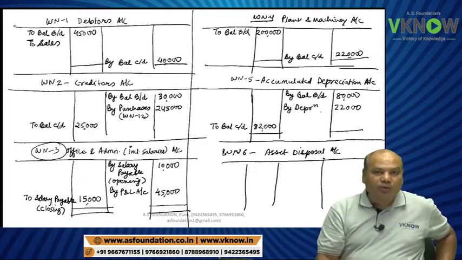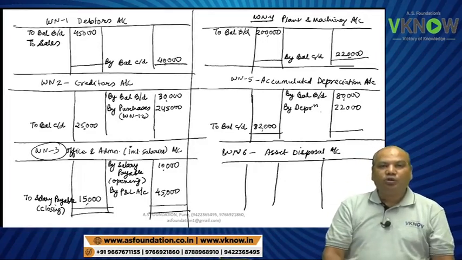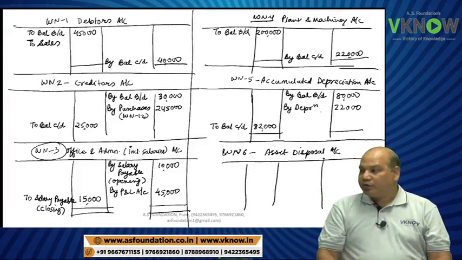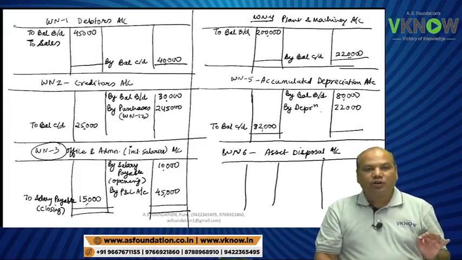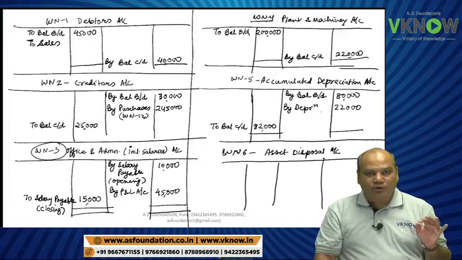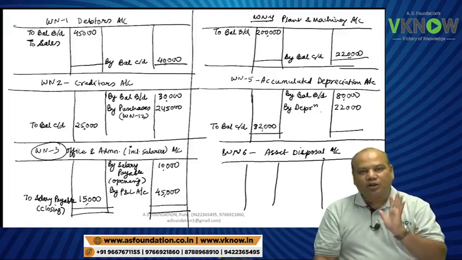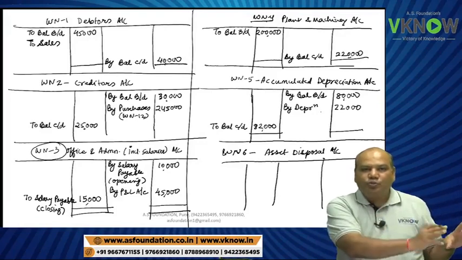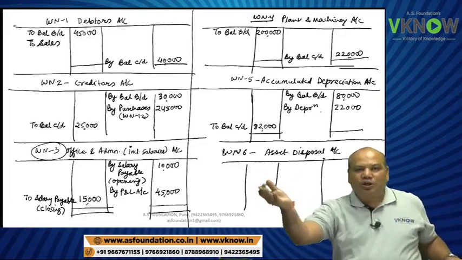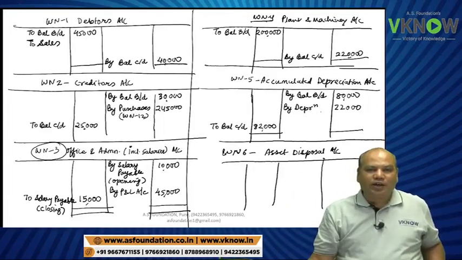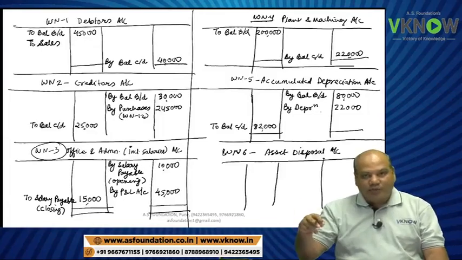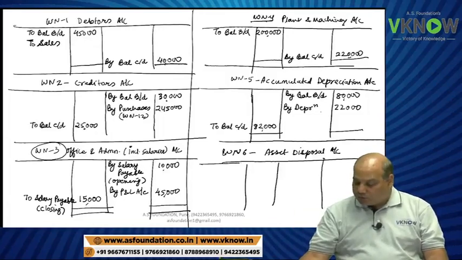Gain on sale of plant. The entry for gain on sale of plant in this question is asset disposal account debit to P&L account. P&L account credit side gain on disposal. So that is appearing in working note number 6.